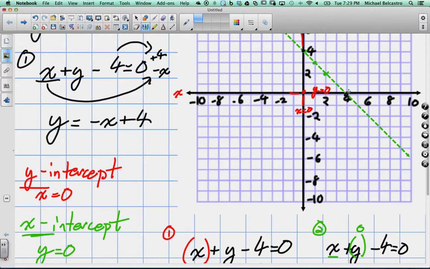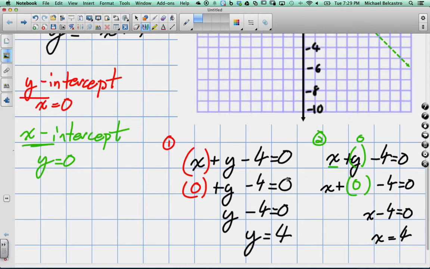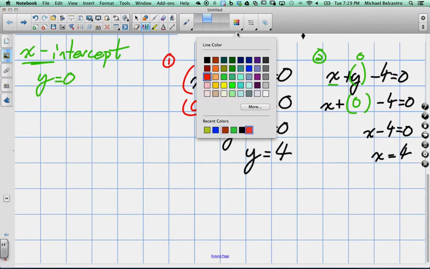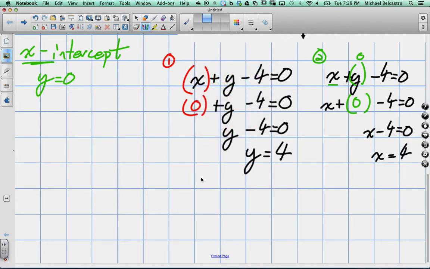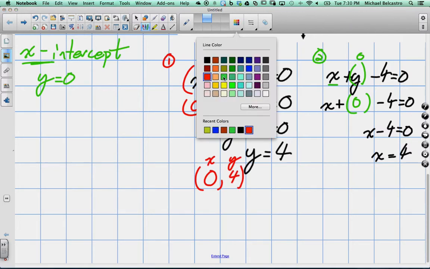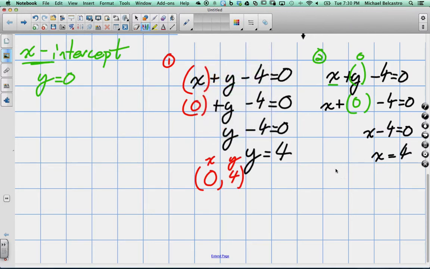And look at that. When I drew my line, that's exactly where it was. So the actual coordinates of these: our y-intercept was at 0, 4. Remember, our x value is 0, and our y value is 4. And the x-intercept, it's kind of confusing because we happen to get the same numbers, but our x value was 4, and our y value was 0.